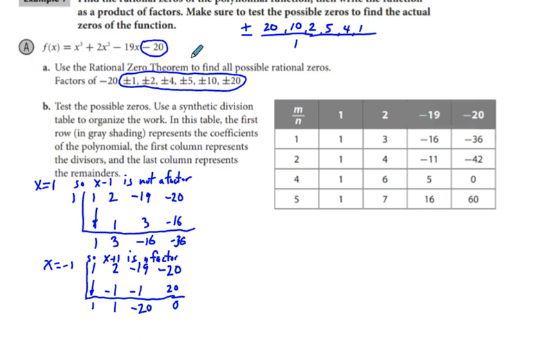So we can rewrite this function as f of x equals quantity x plus 1, and then the quotient down here is 1x squared plus x minus 20.